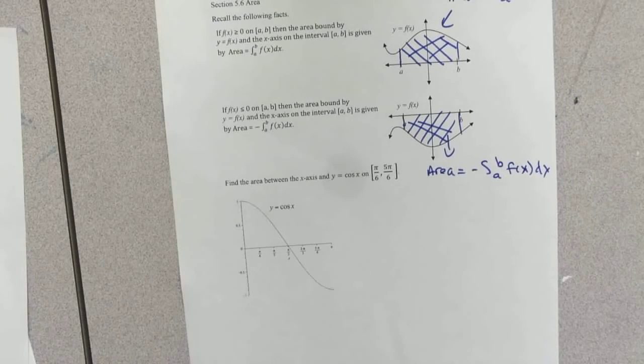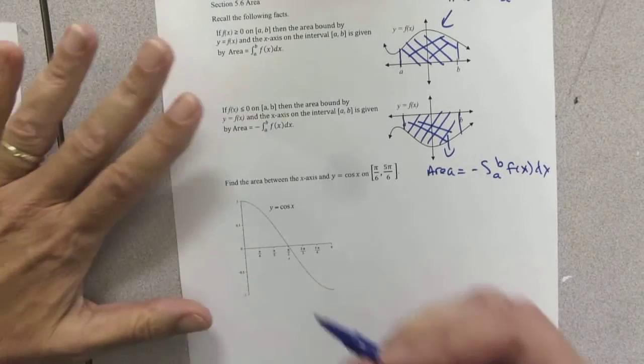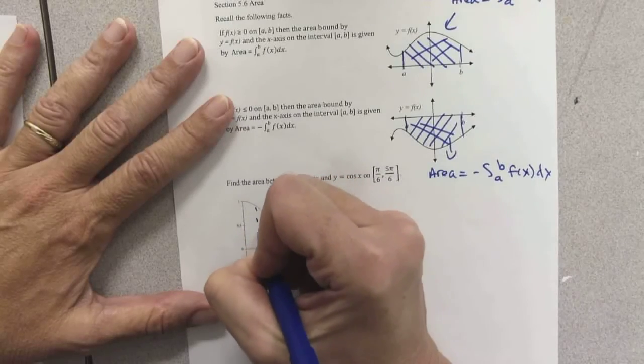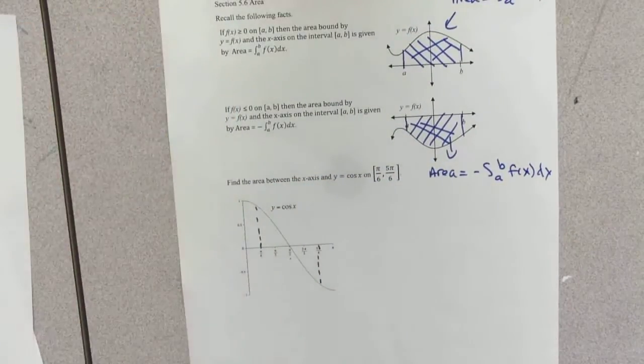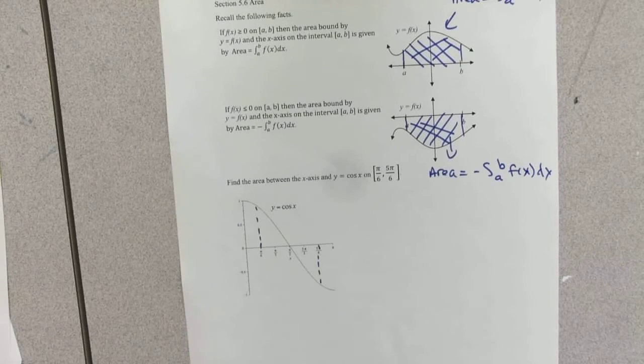So, first problem here. Find the area between the x-axis and y equals cosine x on pi over 6 to 5 pi over 6. So pi over 6 is there, 5 pi over 6 is there. The key thing we have to notice here is that part of the region is above the x-axis and part of the region is below the x-axis.